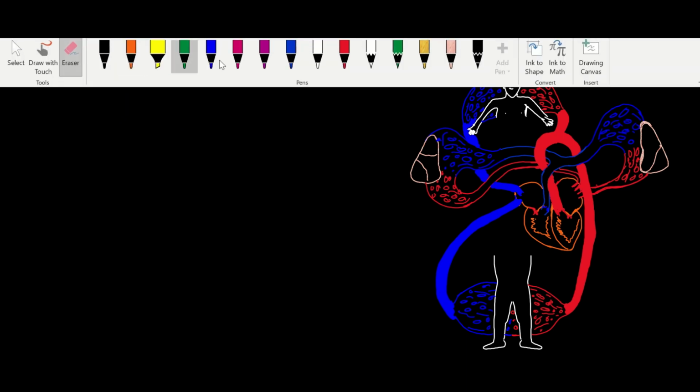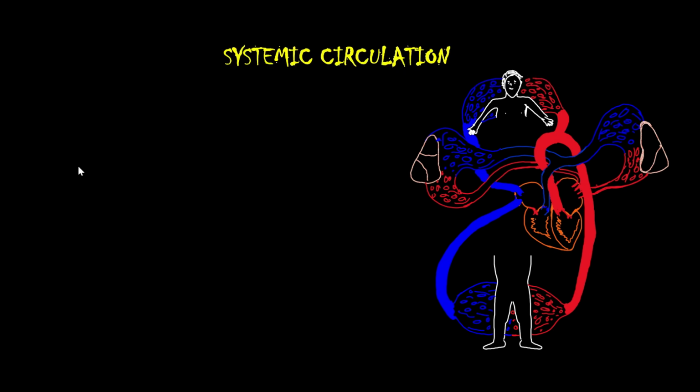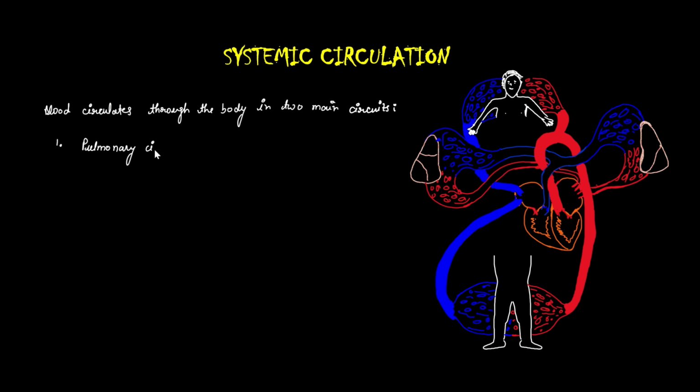So if we see, blood circulates through the body in two main circuits. The first one is the pulmonary circuit, which is also known as the lesser circulation.